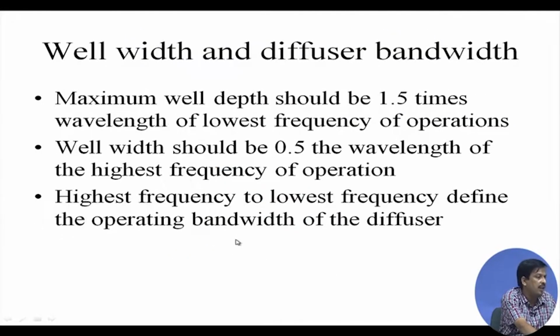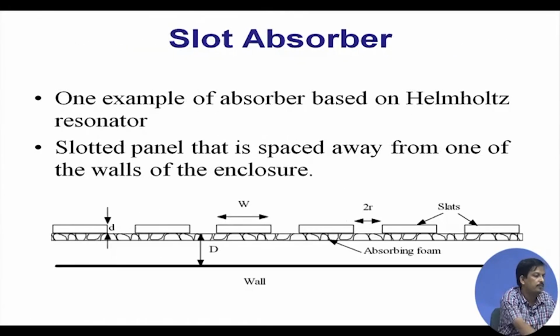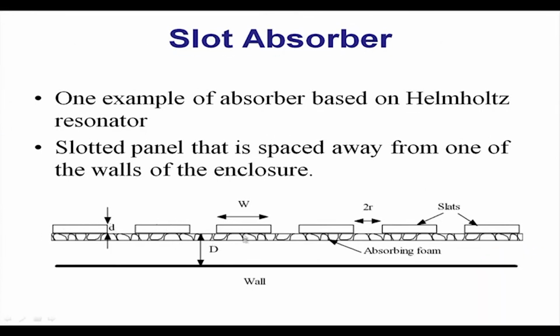Okay. Then there will be a well width and a diffuser bandwidth. If you see, there is a slot like this on the wall, and we put a slot diffuser.